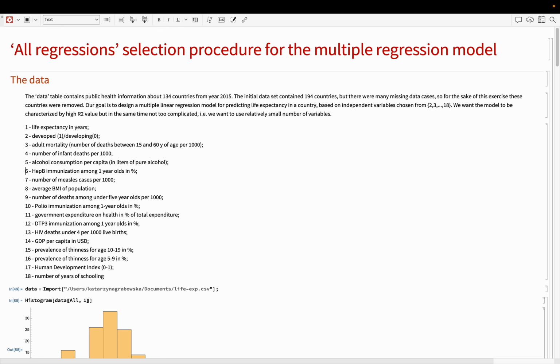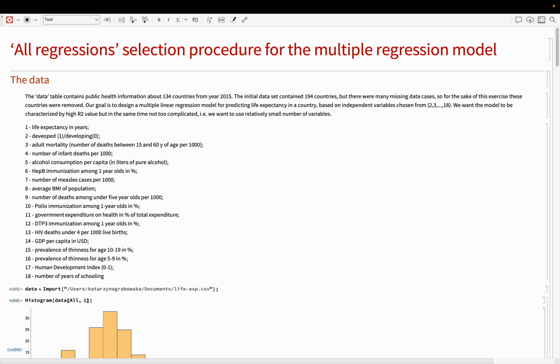Then the percentage of 1-year-olds which are immunized against hepatitis B. Variable number 7, number of measles cases per 100 persons. Variable number 8, average body mass index of the population. Variable number 9, number of deaths among children under 5 years old, again per year and per 1,000 people.